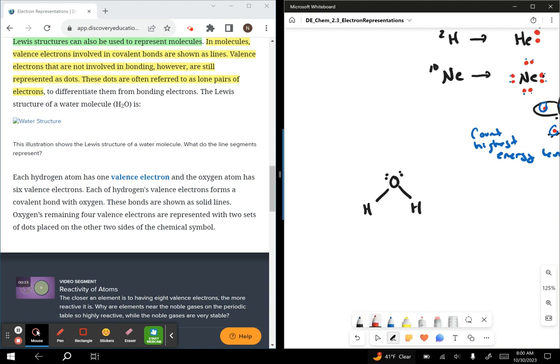You can have Lewis dot structures use lines for covalent bonds, and you use the dots to represent the lone pairs of electrons. These are ones that are not bonded. And we'll talk about that a little bit in class, okay? But this is just a shorthand way of describing molecular bonding using Lewis dot structures.